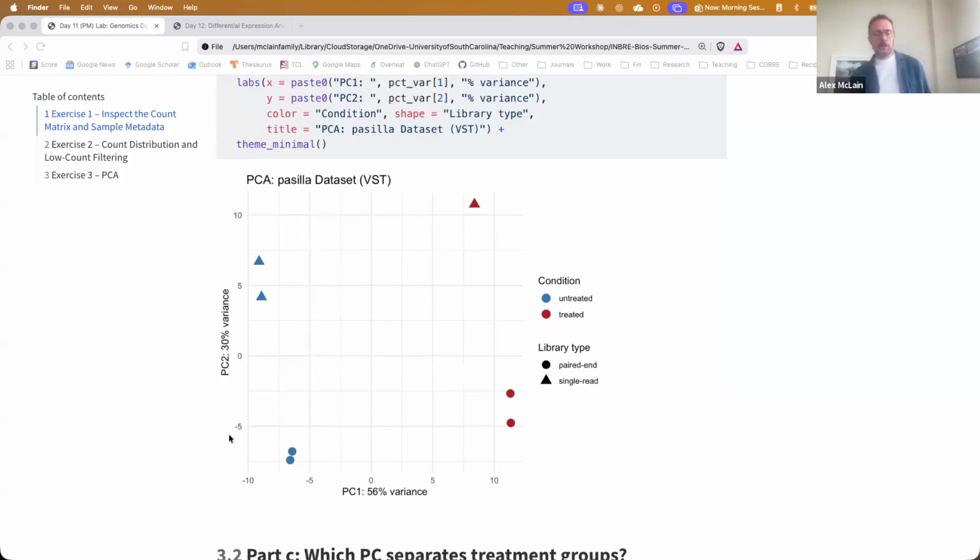So number 1, we see a clear difference between treated and untreated by principal component 1. So those with positive scores are treated, those with negative scores are untreated. So that's a good sign that the treatment had some notable effects on the expression levels that we got, right?